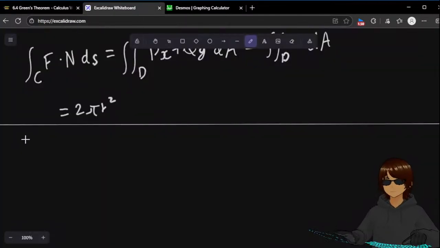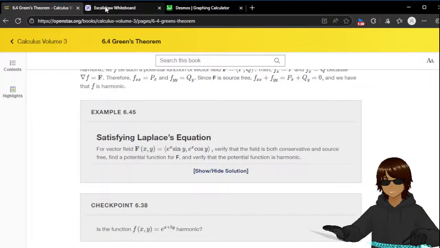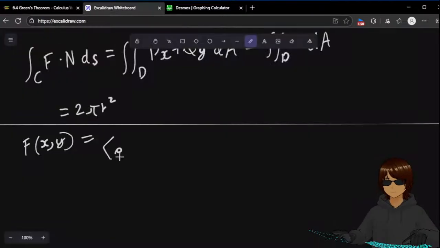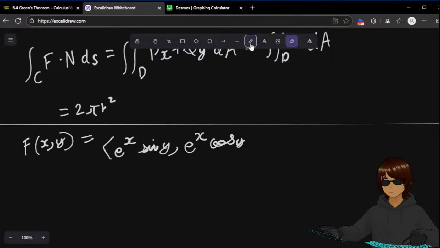So this is equal to e to the x sine y, e to the x cos y.